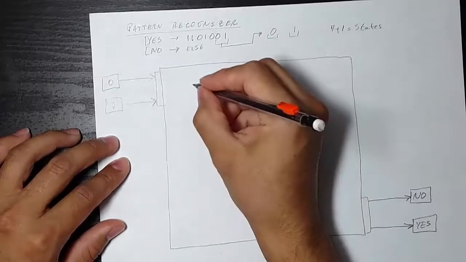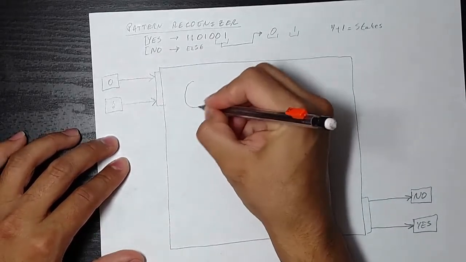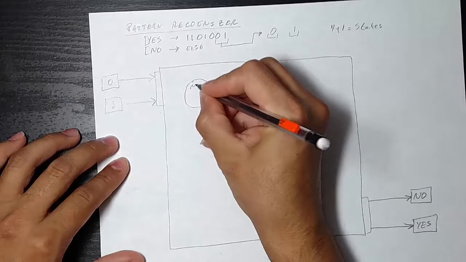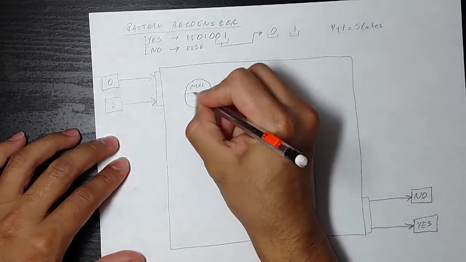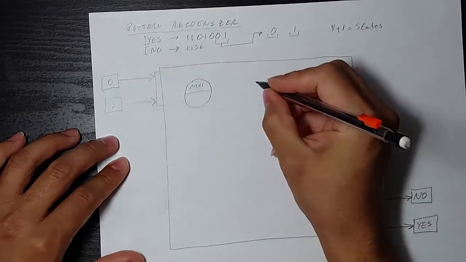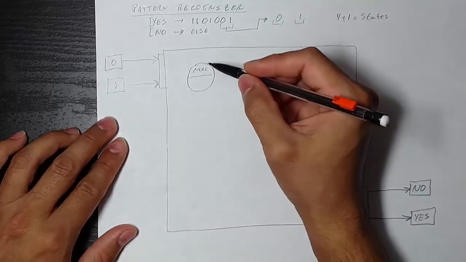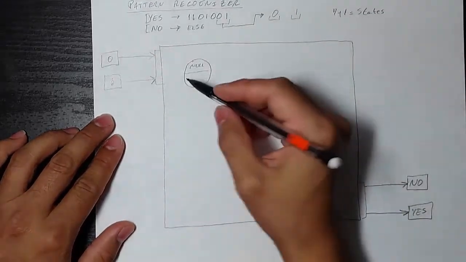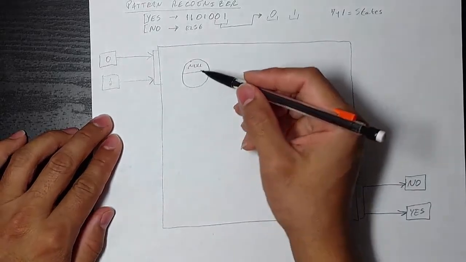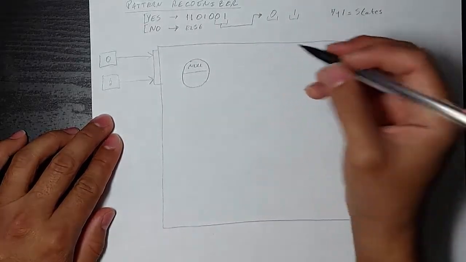So let's draw it. Let's say we have state 0, null, right here. The top part of the bubble identifies the name of the state, and the bottom part identifies the output every single time I am on that state.